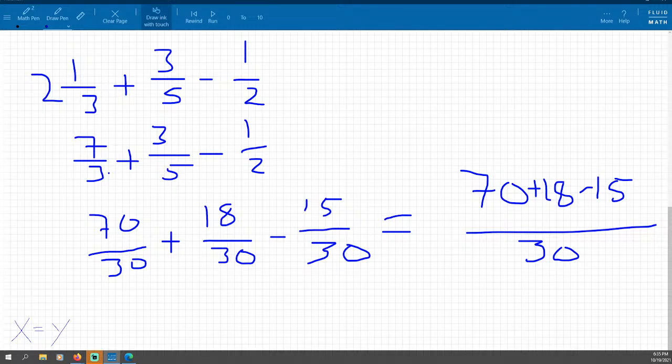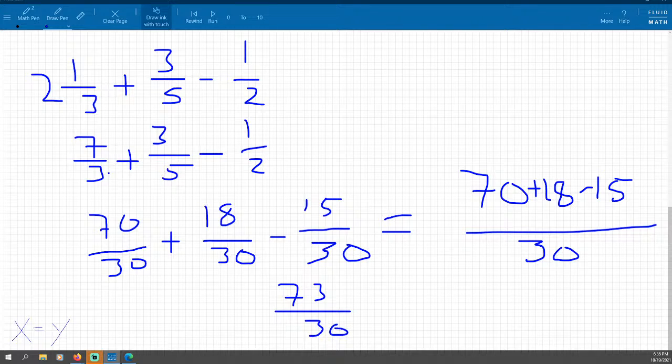For simplicity, it's best to work from left to right. Say 70 plus 18 is 98 minus 15. But if you can keep track of what you're doing, 18 minus 15 is 3. 70 plus 3 is 73. And that's going to go over 30.